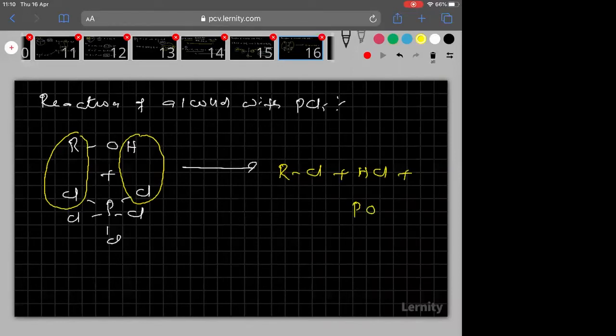Then the other product is POCl3, phosphorus oxychloride.